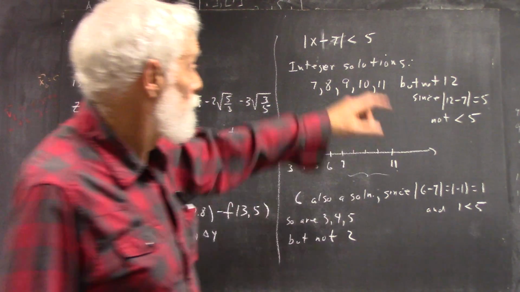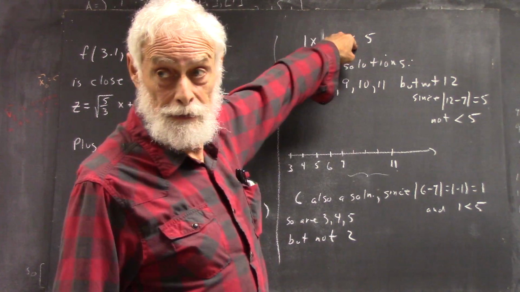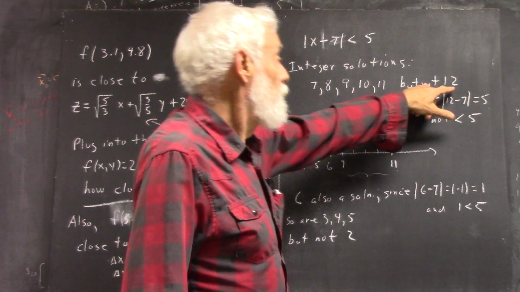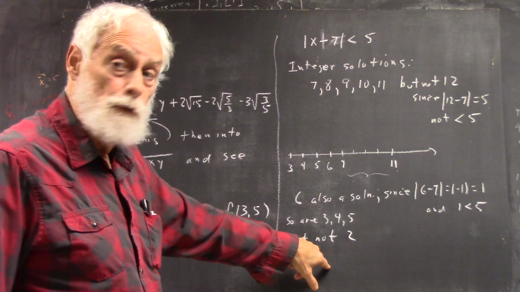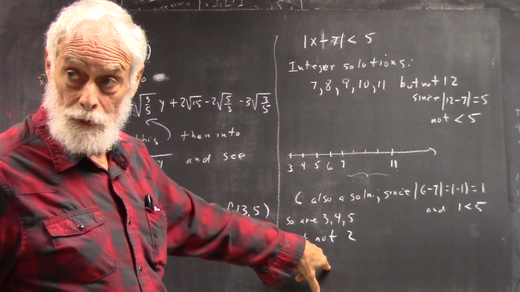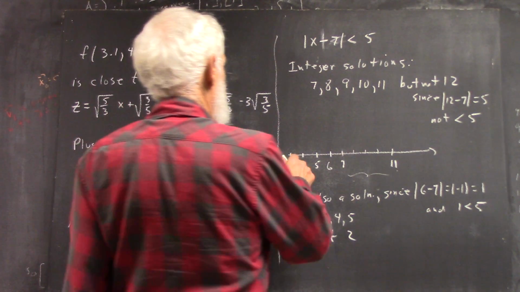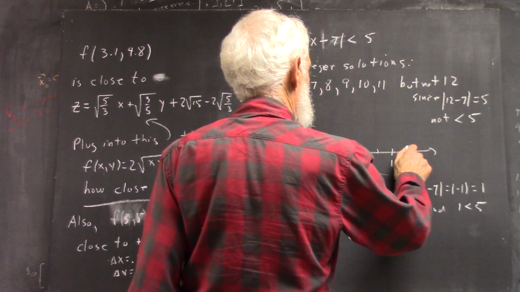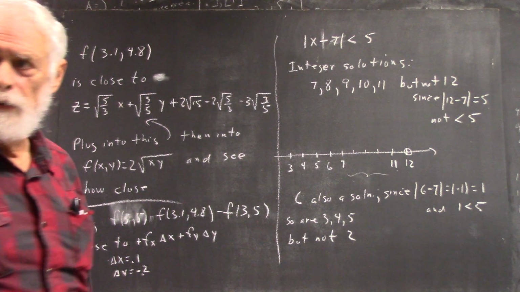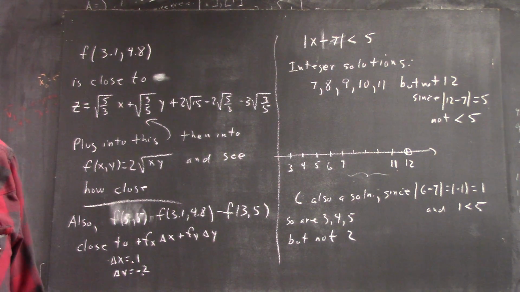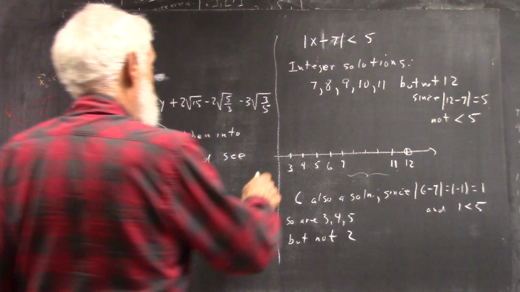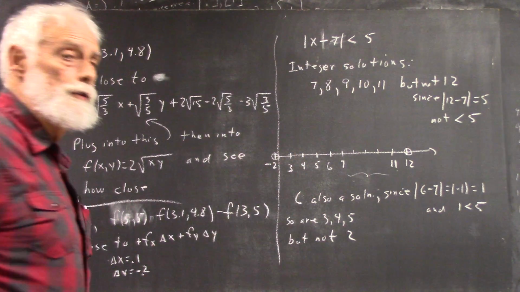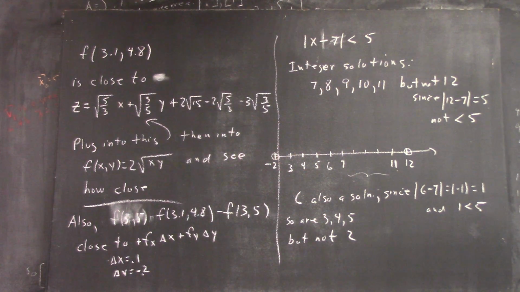Now if the inequality was less than or equal to 5, then 12 would be a solution, and so would 2, right? So I can actually go as far as 12, but put a circle around it to indicate that it's not included, right? And I could go to negative 2 and put a circle around it to show that it's not included, right?